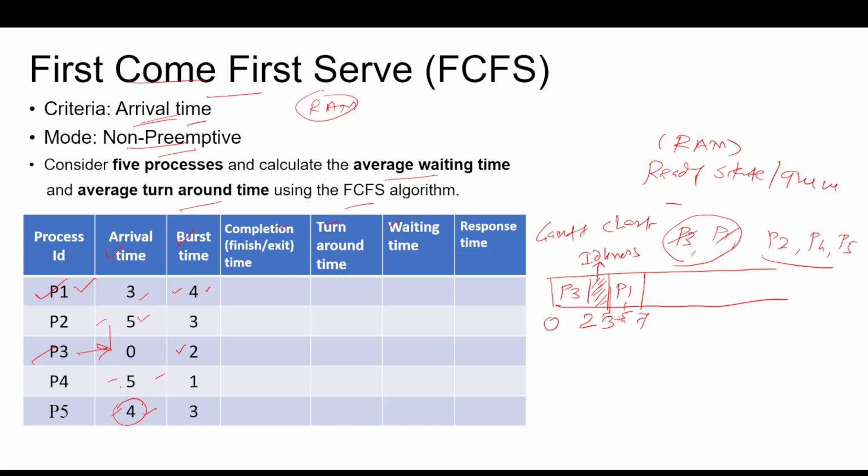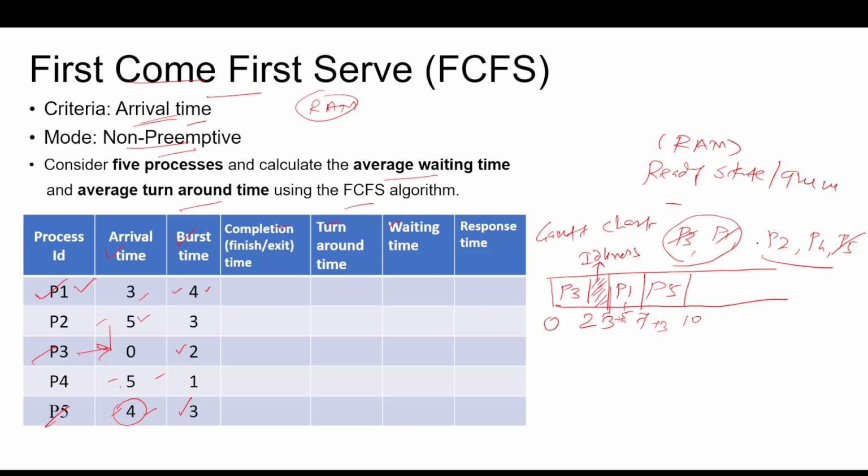So which process will we execute? Process 5. For how much time? For 3 units. That means 7 plus 3, that is 10. Now this P5 is also done.